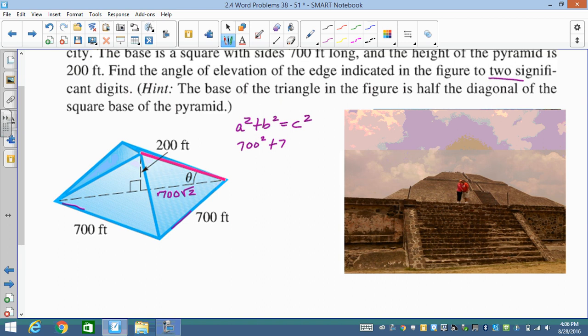And so you get 700 squared plus 700 squared, which will give you 490,000 plus 490,000.